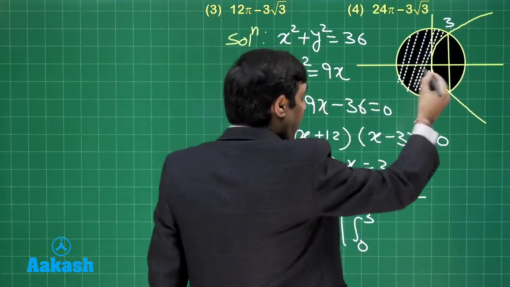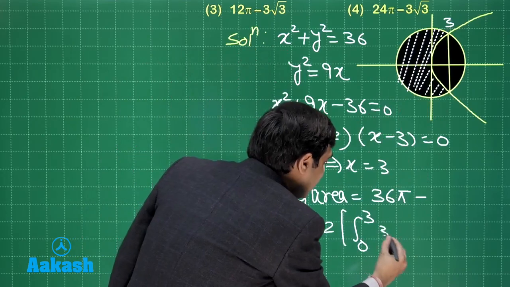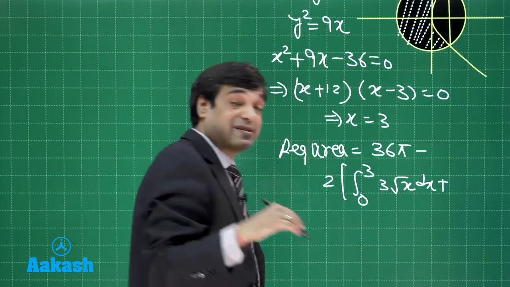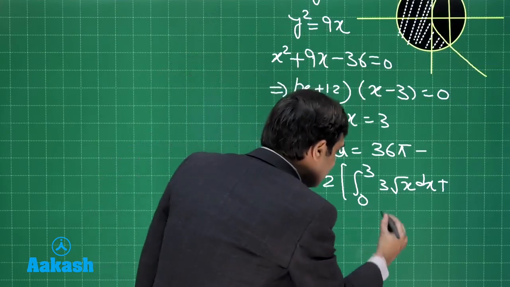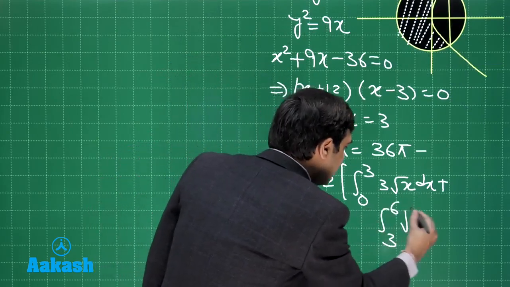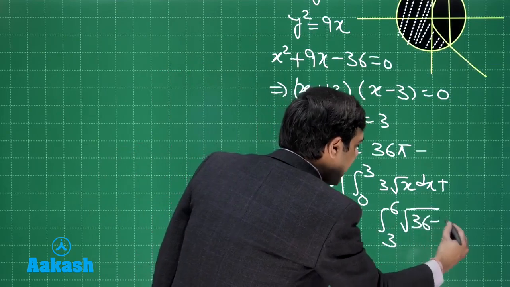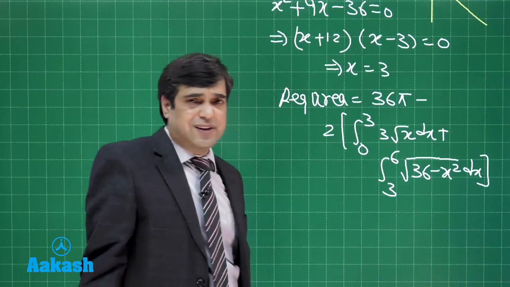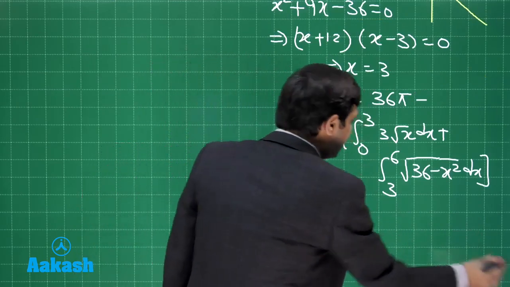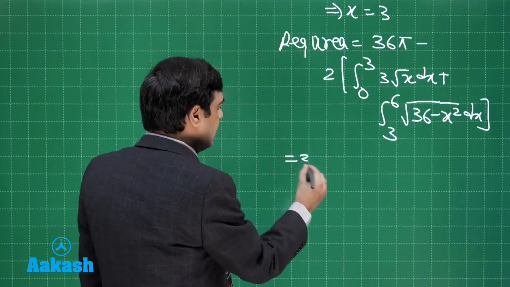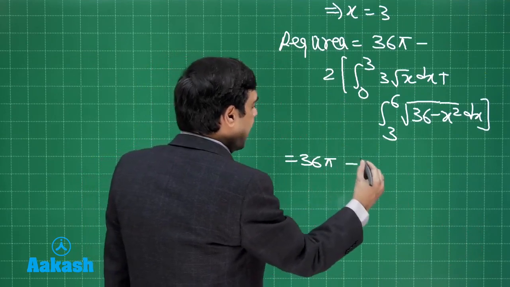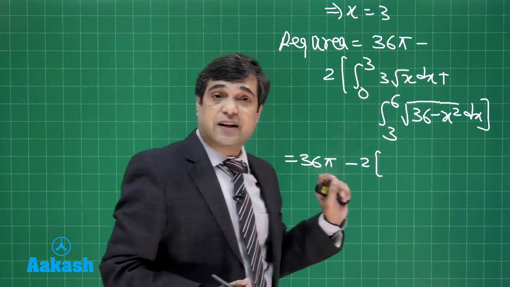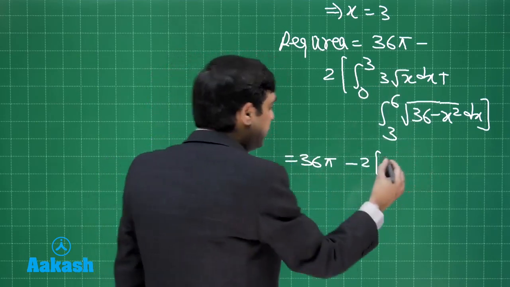Now, this parabola portion, that means 3 root x dx, plus next is the circular portion from 3 to 6, integral 3 to 6 root of 36 minus x square dx. So this is what we are looking for. Just simplify to get the result. So this is equal to 36 pi minus twice of, x to the power half, integral is x to the power 3 by 2 upon 3 by 2.